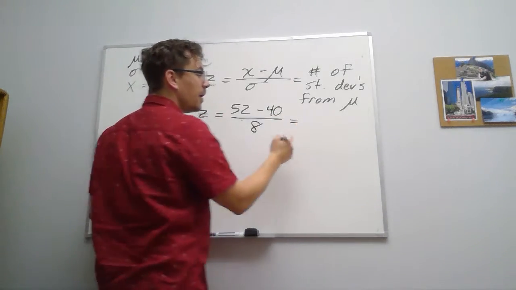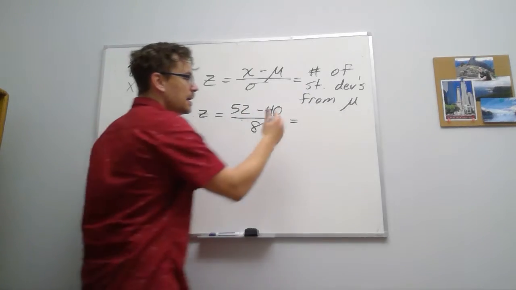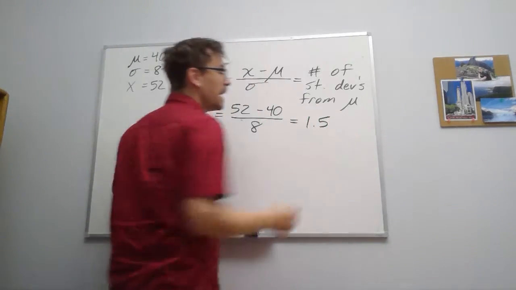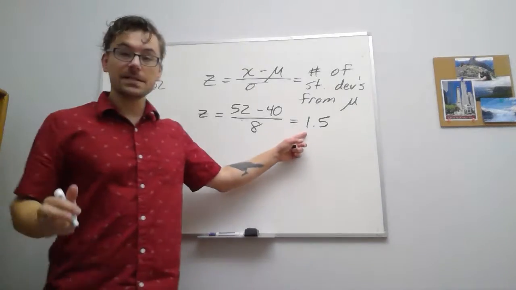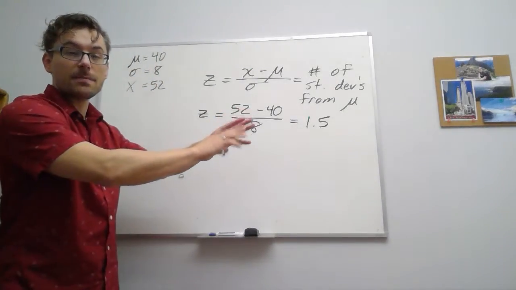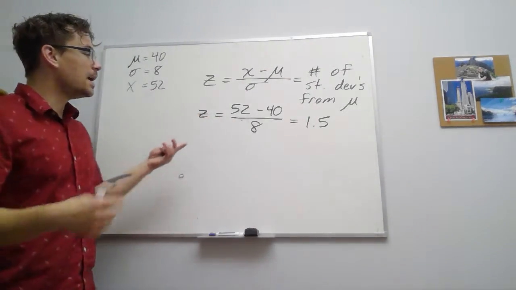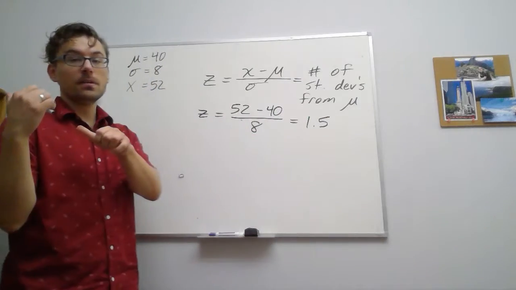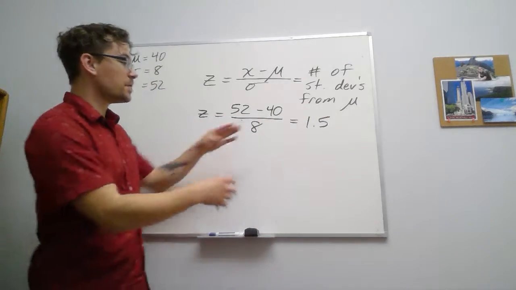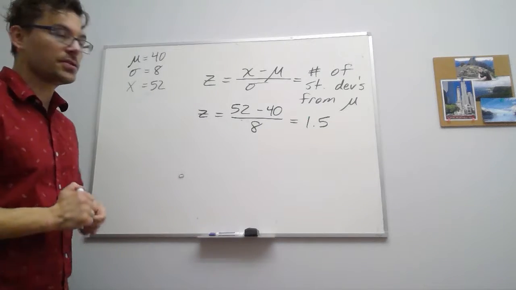If we work through this, just be careful about parentheses, we would get 1.5. Now, if z is positive, that should mean our observation is above the mean, and sure enough, 52 is definitely above 40. If z is negative, that means we're below the mean. So we've got a positive value, so everything looks like it's in good shape.